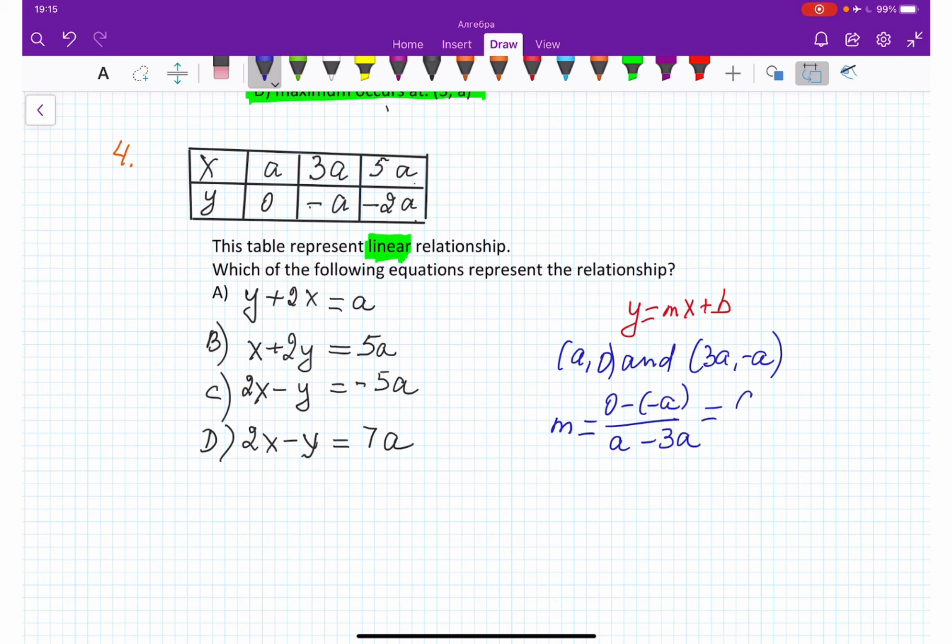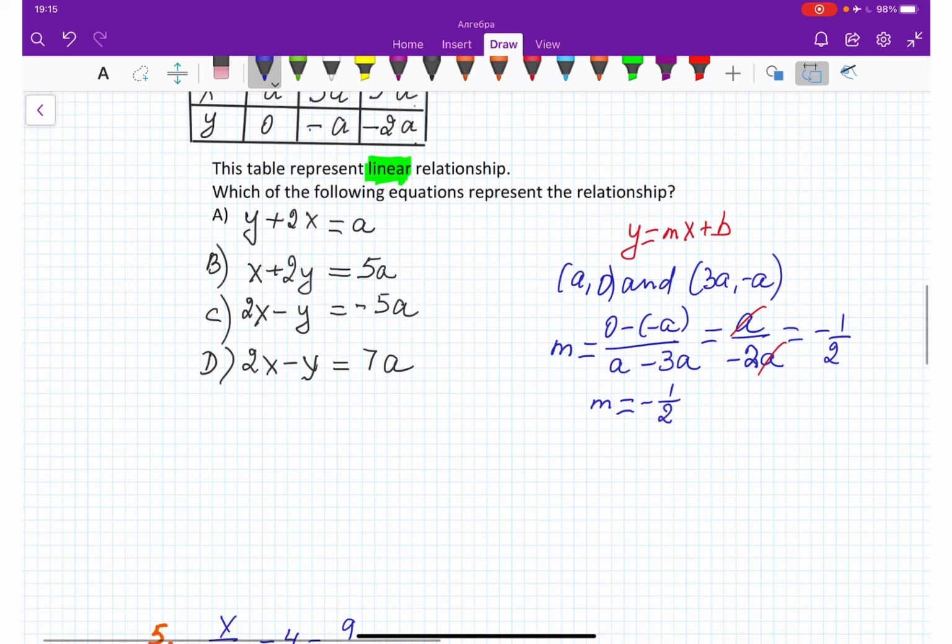And we are getting positive a over negative 2a. So we are canceling this a with this a, and then I'm getting negative 1 over 2. So my slope is equal to negative 1 over 2.